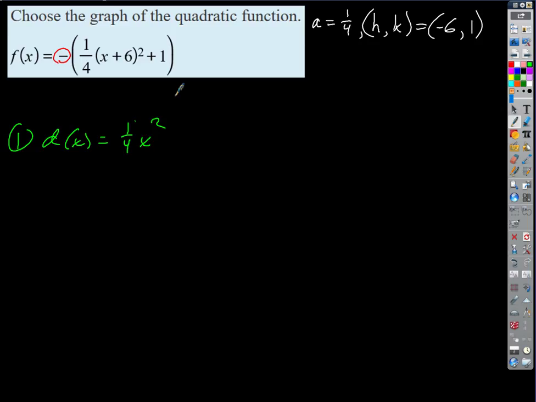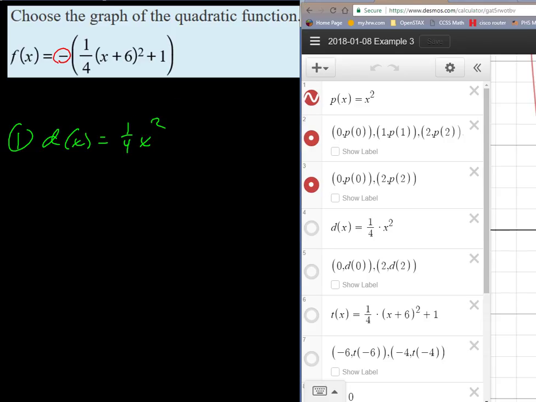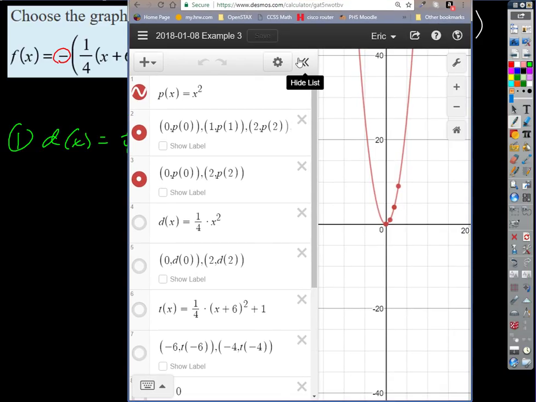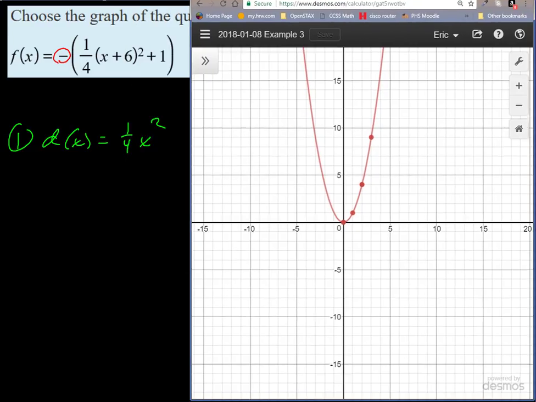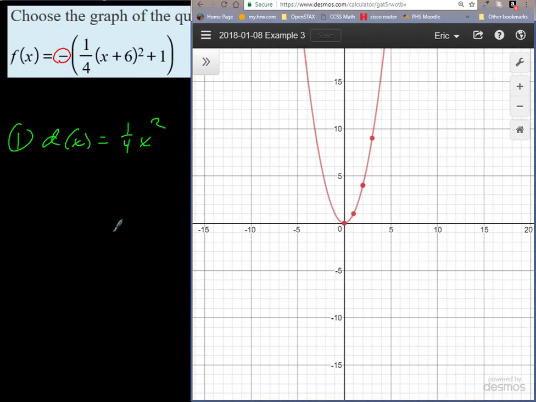Okay, so what's that going to do? There's our parent graph, right? So which is the convenient point? If we're going to multiply by 1/4, we're going to multiply the y values by 1/4. Over 2 and up 4 would be the good one, wouldn't it? That's the one we want to multiply.